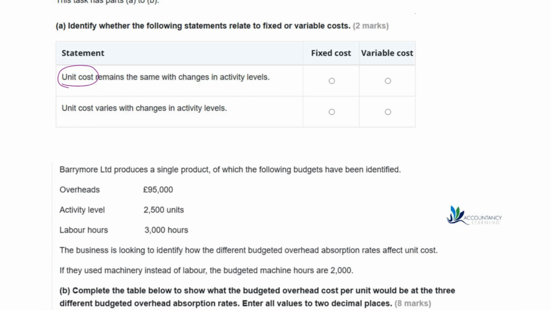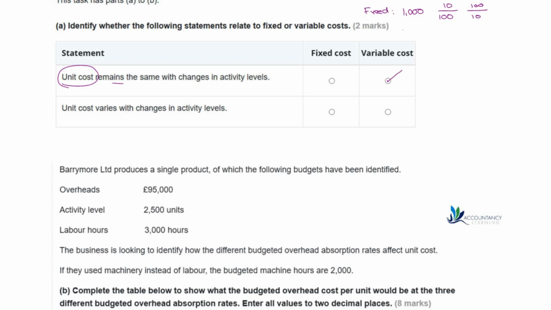With our fixed cost, if we were to have a fixed cost of £1,000, if we made 10 units, it would be £100 per unit. But if we made 100 units, it would be £10 per unit. So the per unit will change if it's a fixed cost. So because it's going to remain the same, this makes it a variable cost.